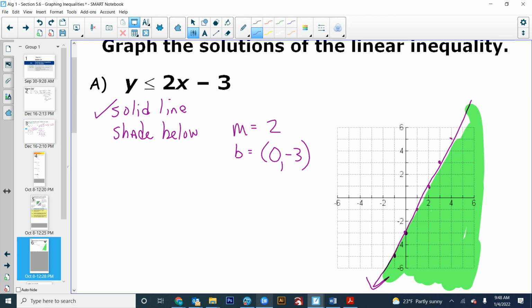If this was a quiz and we would have caught it, what I was going to show you is that I always like to go 0, 0 because it's easy to plug in. Should 0, 0 be true or false if I shaded the right spot? Is 0, 0 a solution to this? Where's 0, 0 at, guys? No. Let's plug it in.